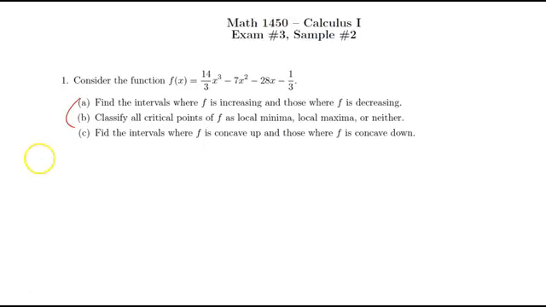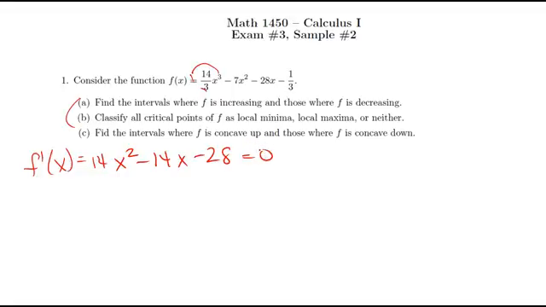So the first thing we're going to do is take the first derivative, right? So the first derivative of this thing, I bring the 3 down, that takes out that 3. 14x squared minus 14x minus 28, right? Well, if I want to set this equal to 0 and find those critical points, I can factor out a 14.